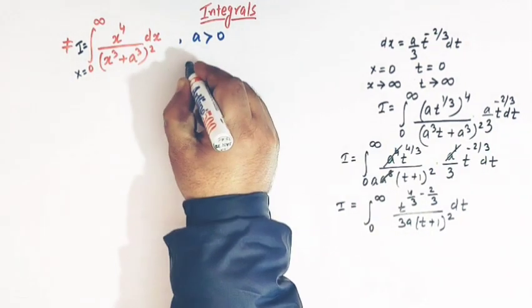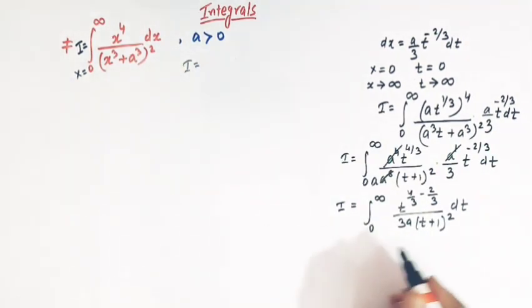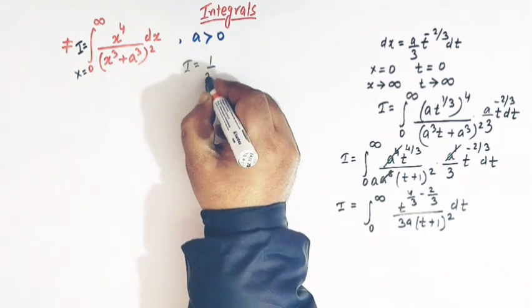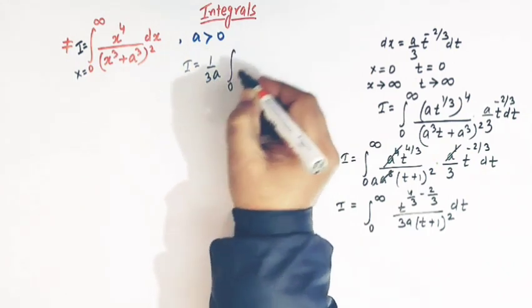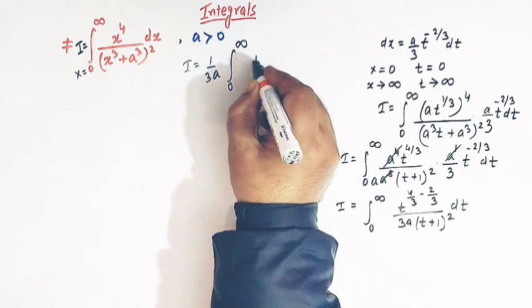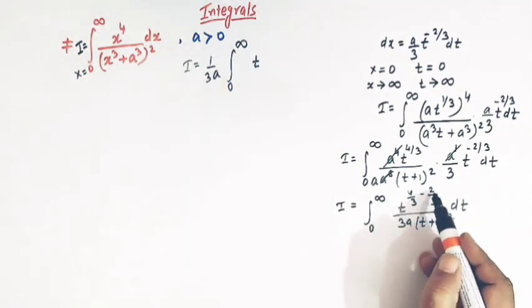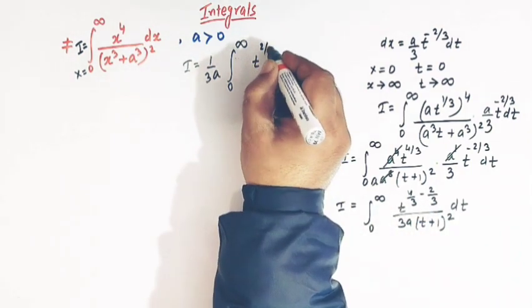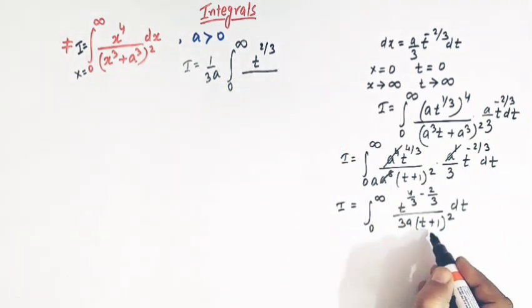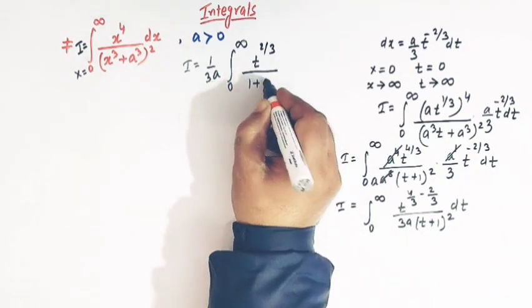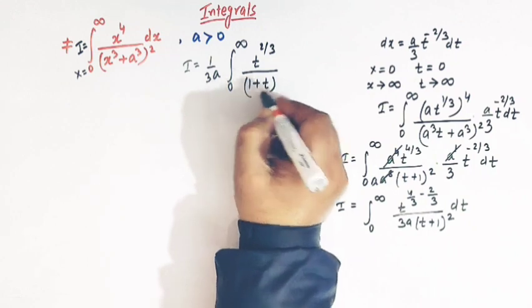Now we can write this integral I as 1 over 3a times the integral from 0 to infinity of t raised to 4 by 3 minus 2 by 3, which is 2 by 3, divided by (1 plus t) whole square.